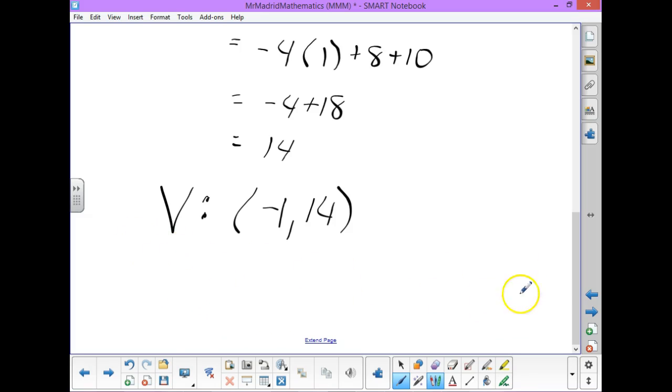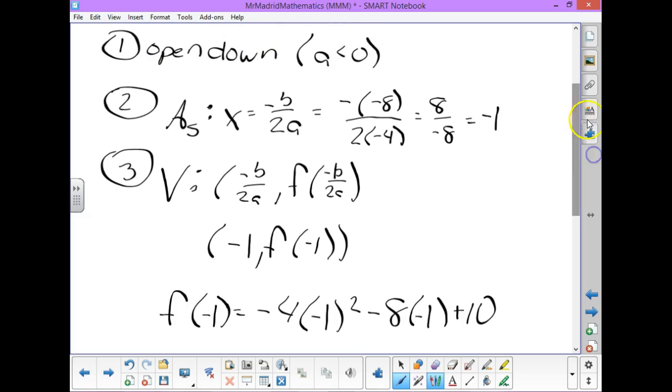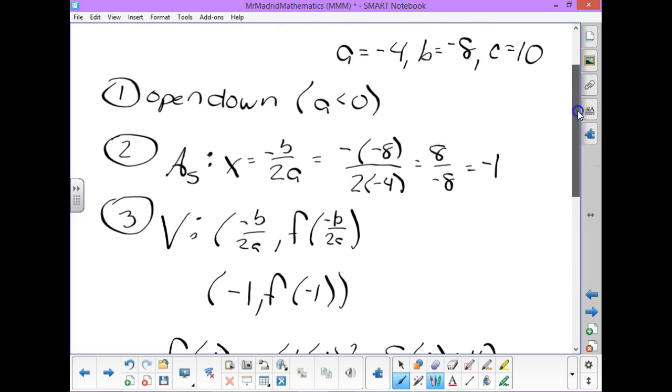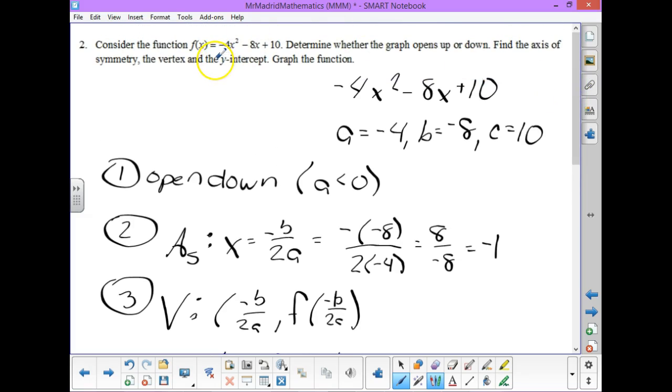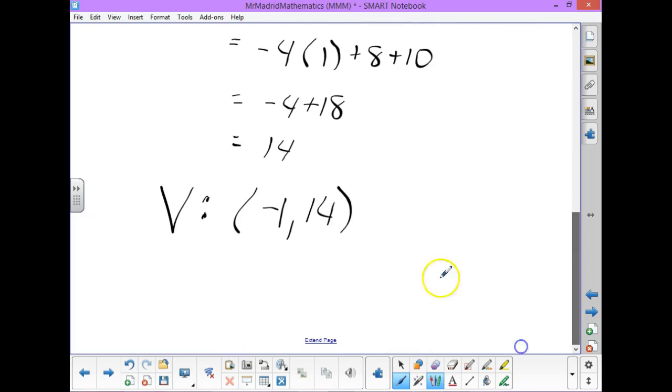Alright, let's move on to the next one. It says that was the vertex, so now the y-intercept. What number are we on? 4. Okay, the y-intercept.